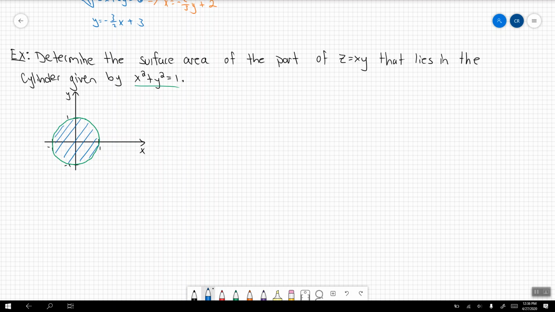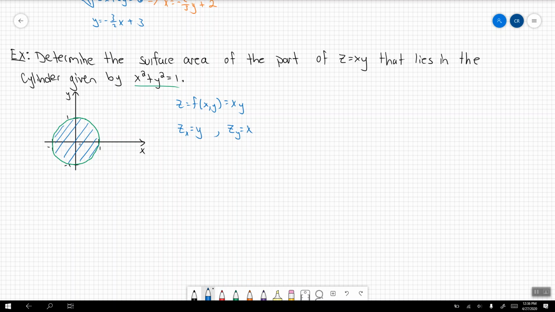Given that Z is equal to f of x y, which is given by xy, if I take the partial derivative with respect to x, then naturally I get y. And if I take the partial derivative with respect to y, then naturally I get x.